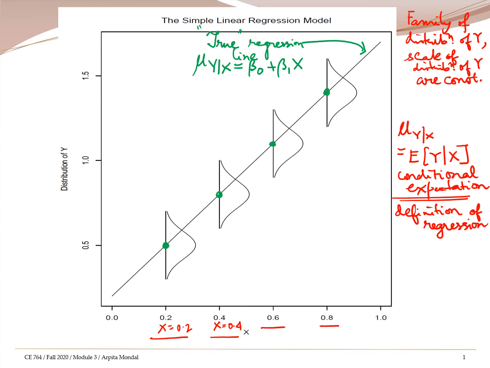This green dot here represents mu of y given x equal to 0.2, and that value corresponds to 0.5. Similarly, somewhere between 0.5 and 1, you have mu of y given x equal to 0.4, and so on. All these conditional expectations are given by the true regression line, beta naught plus beta 1 times x.